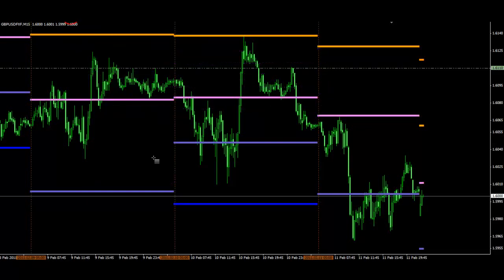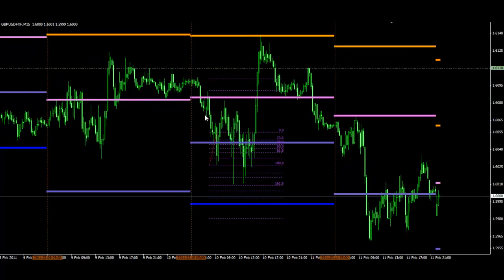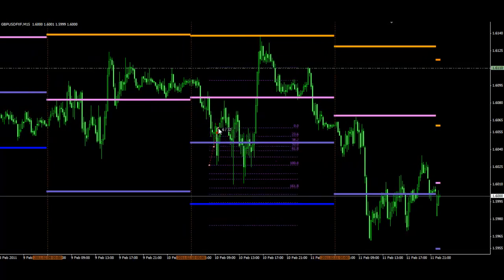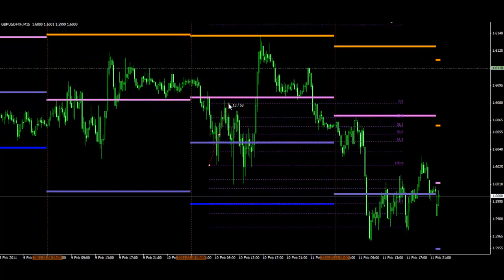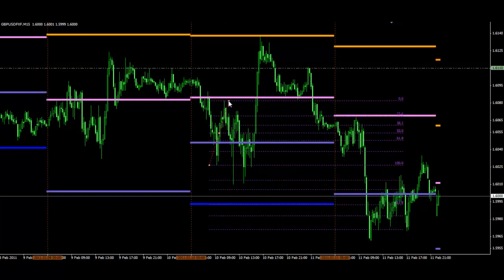All right, you'll see why I was trying to go long in here, pulling the fib from low to this reaction high in here. Optimal entry was in here.